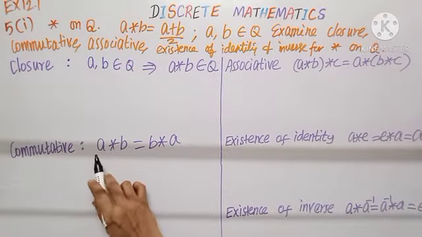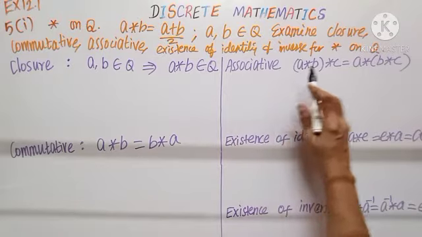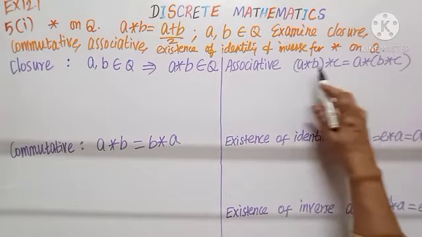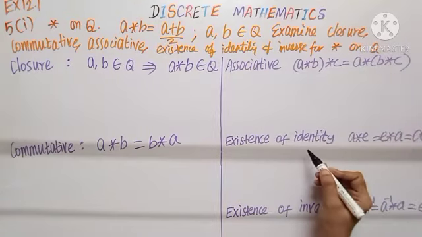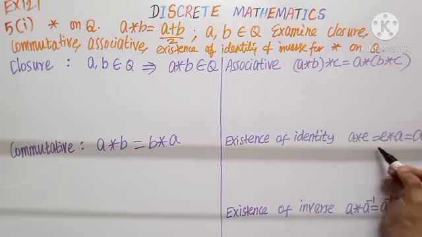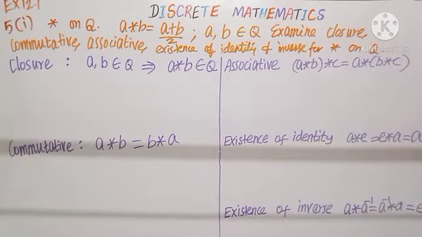Commutative: A star B equals B star A. Associative: 3 elements we take in order, change the bracket alone. Identity: A star E equals E star A equals A. Inverse: A star A inverse equals A inverse star A equals E.